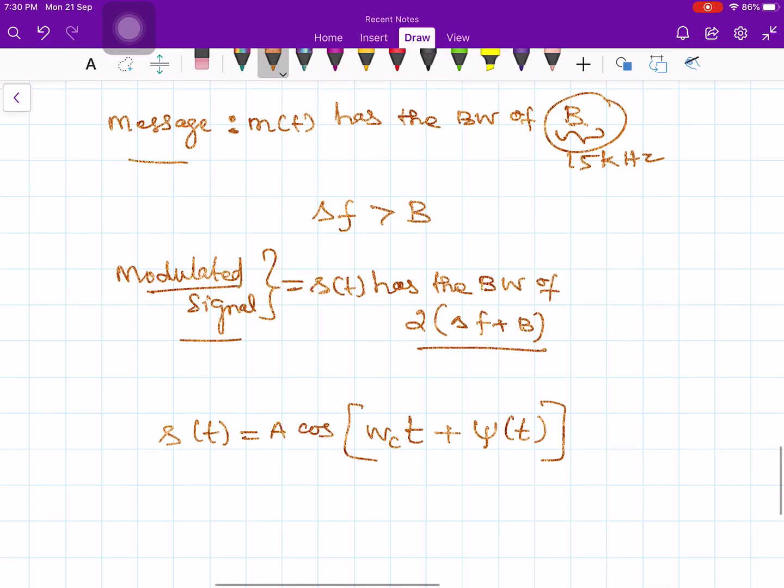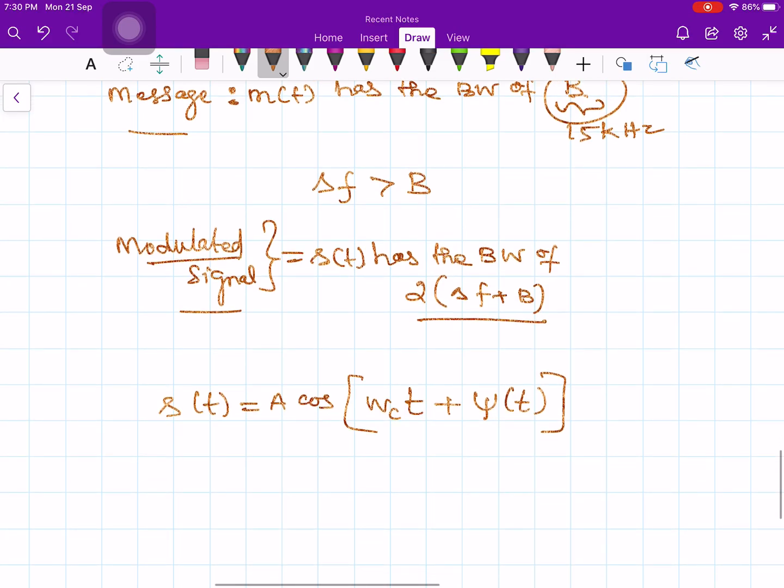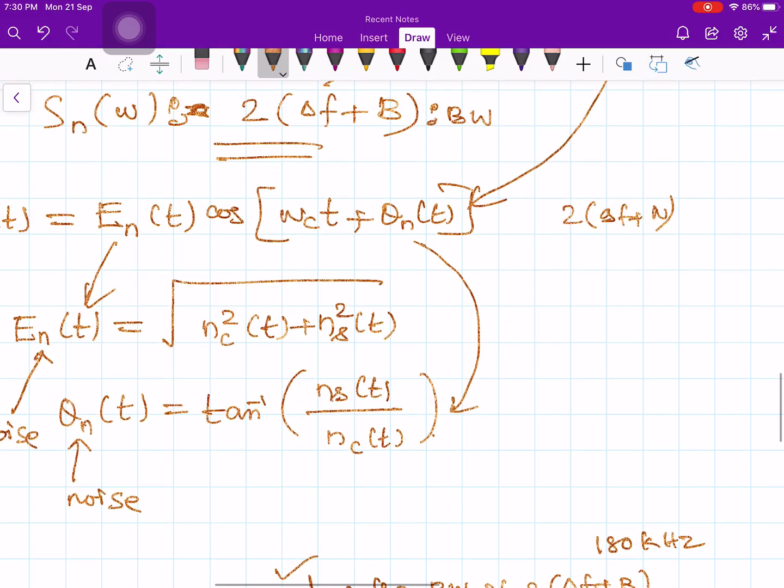This signal S of t also has the same bandwidth, 2 times delta f plus fm. Let me say this is equation number 1. The signal which is reaching, shall I draw the diagram? Okay, let me draw it here one more time.